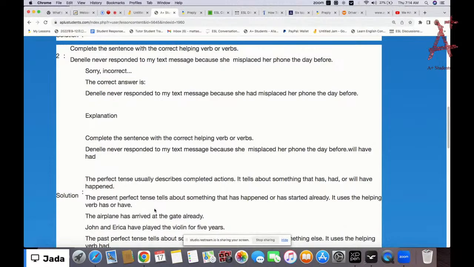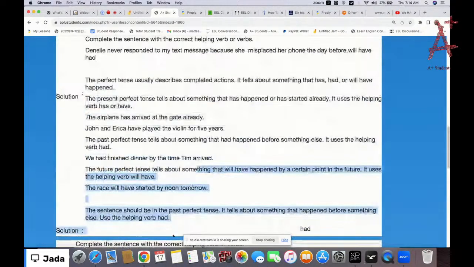So she had misplaced her phone the day before. She didn't respond to the text message because she misplaced her phone a day before. And that is gonna be the past perfect, because past perfect uses the helping verb had. Okay, that's it.